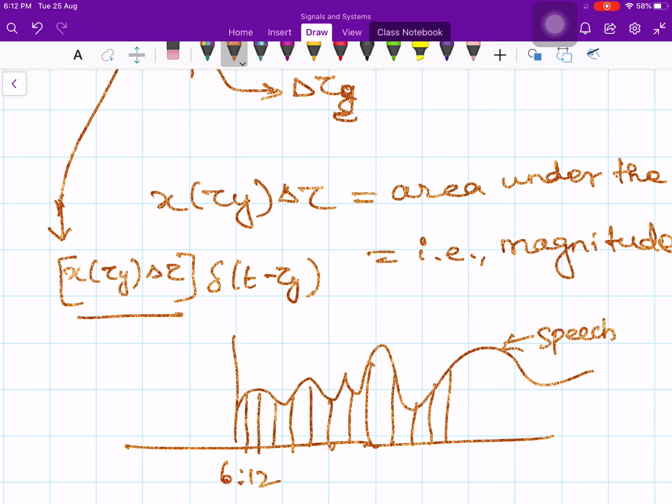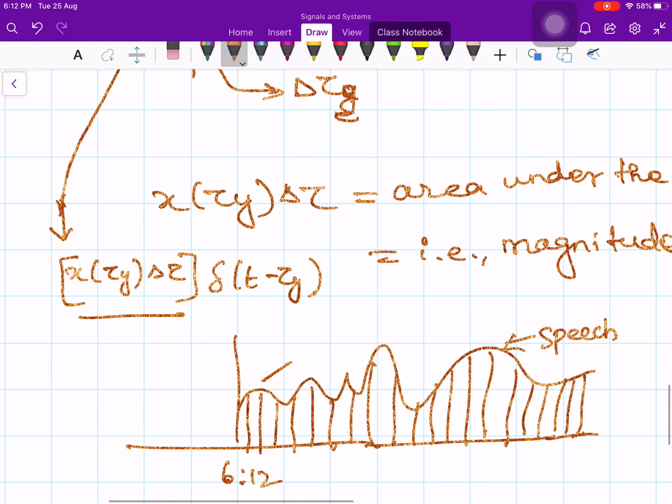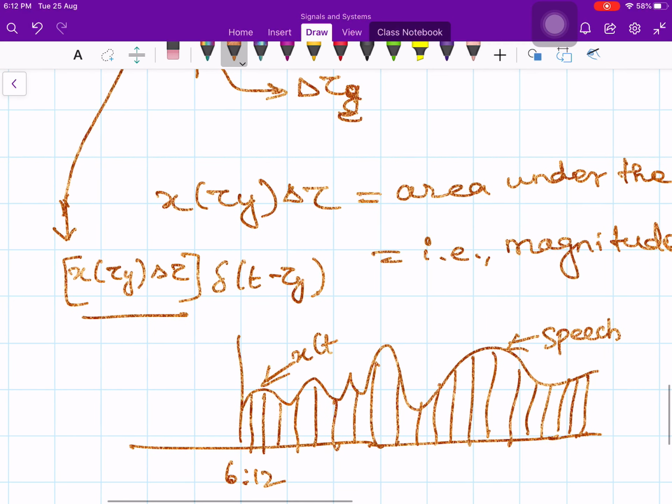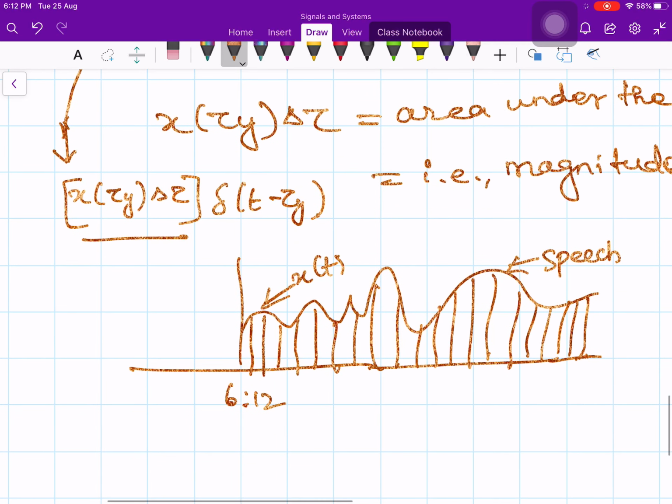Then roughly you can reconstruct your x of t. So x of t contains hundreds of impulses. Impulse 1, impulse 2, impulse 3, and so on. There are many impulses. You sum them all up, then you will get x of t.